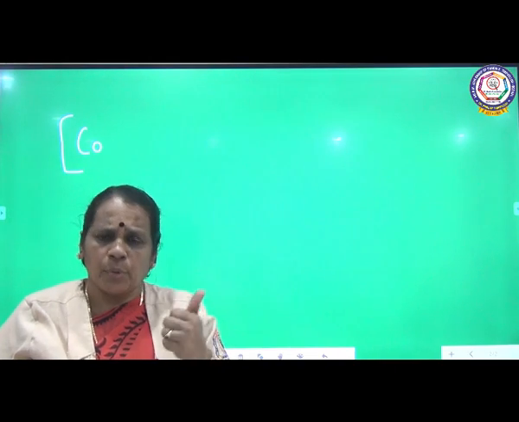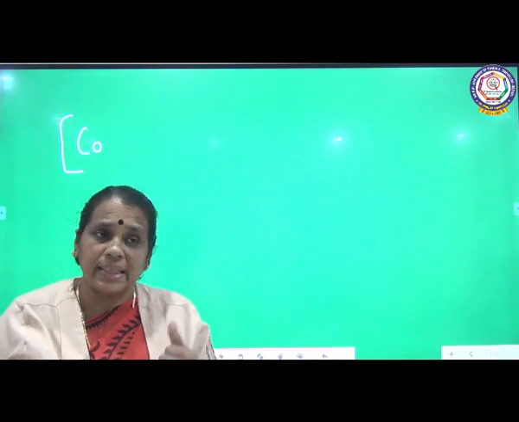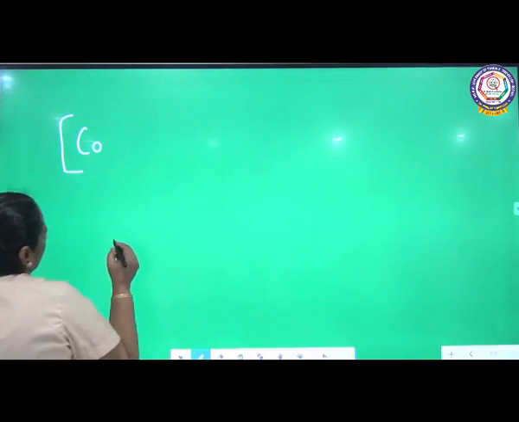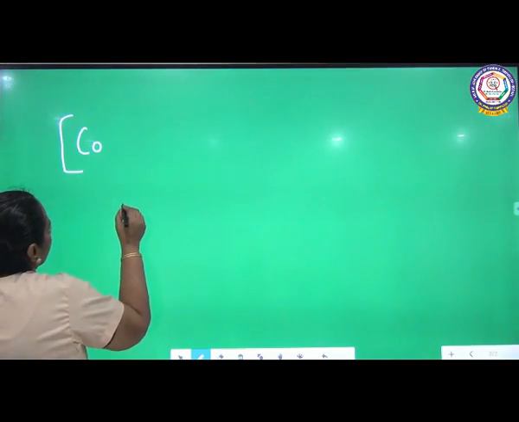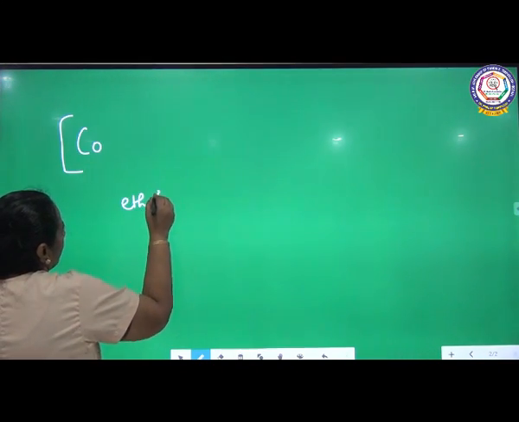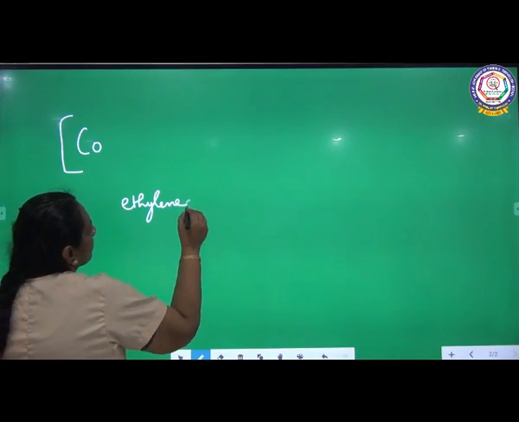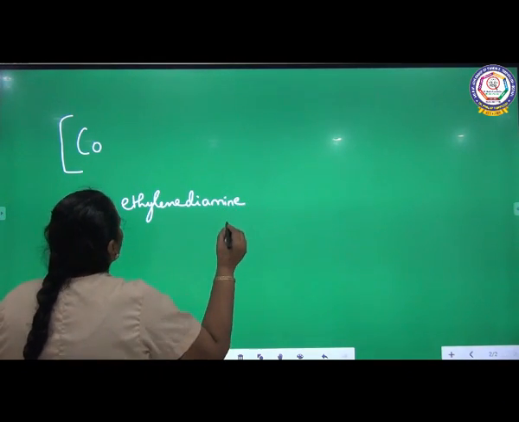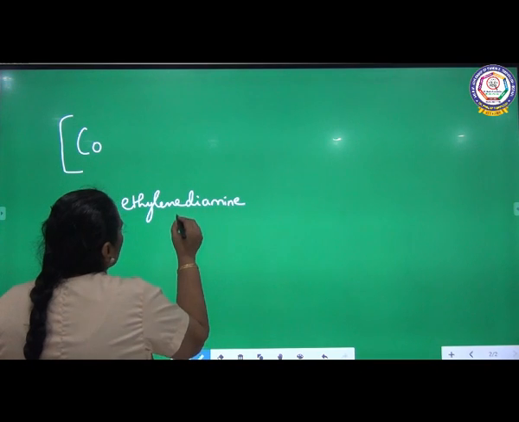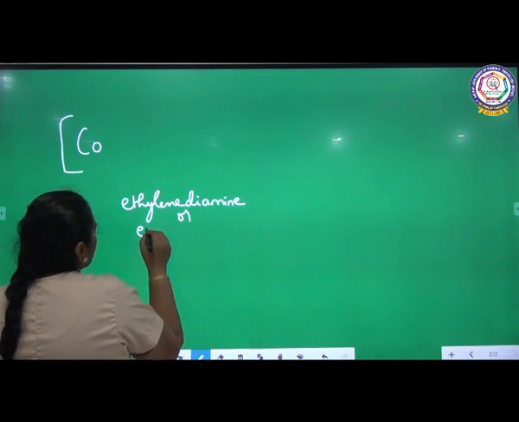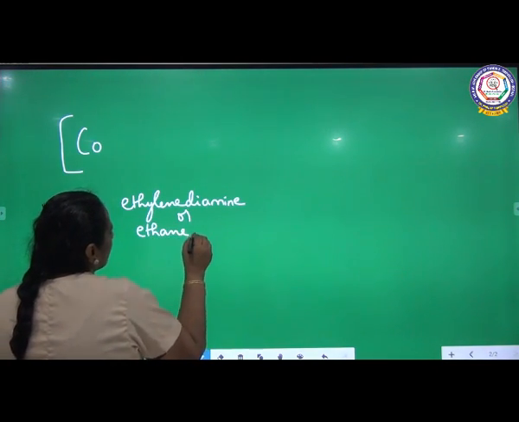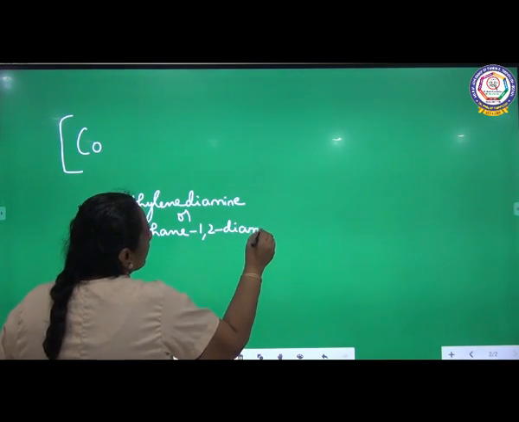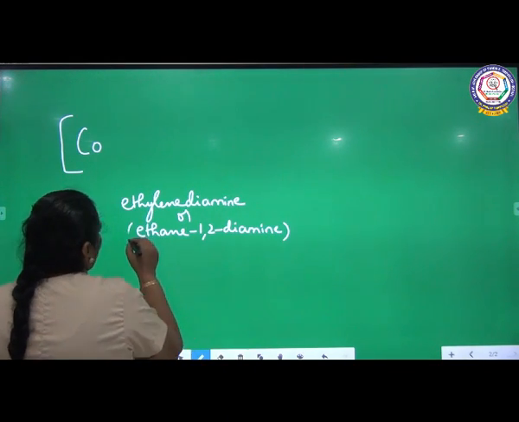Chlorine is a monoatomic ligand, whereas ethylene diamine is a complex ligand. So this is one ligand.